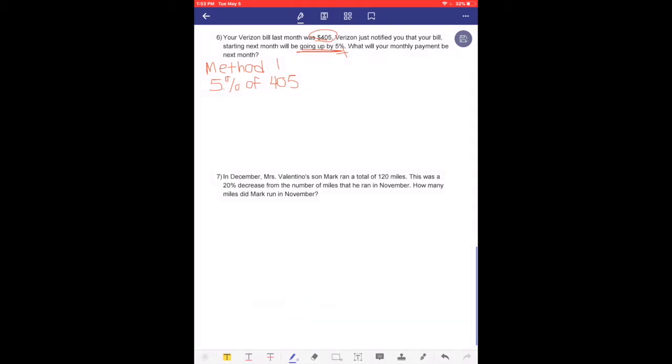To make it a decimal, we move the decimal place 2 places to the left, and when there's that gap, we're going to fill in a 0. So 5% is 0.05 of, remember, means that we multiply by 405. When you do 0.05 times 405 in your calculator, you'll get 20.25.